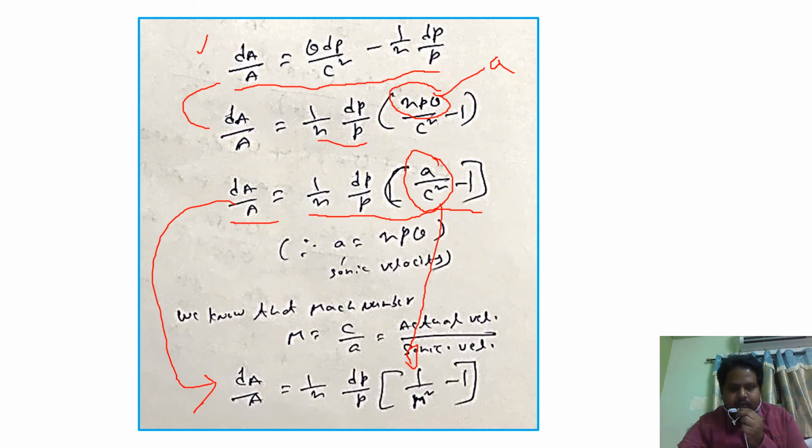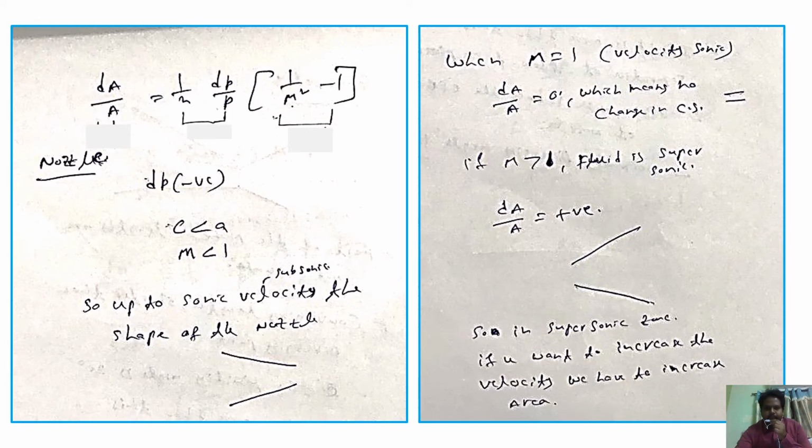This is the final equation. From this equation we will find the relation between cross-sectional area and velocity of the fluid. Now let us find the relation between cross-section area and velocity using this equation.